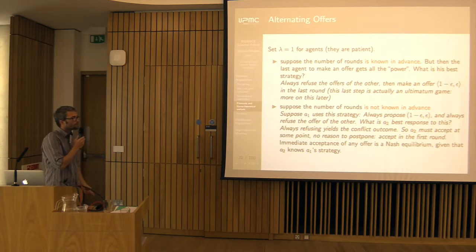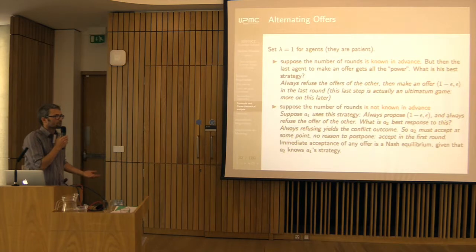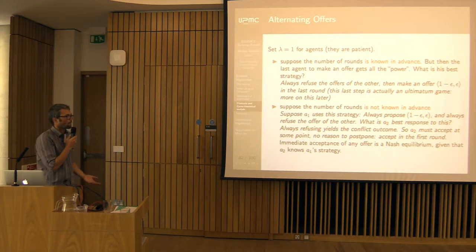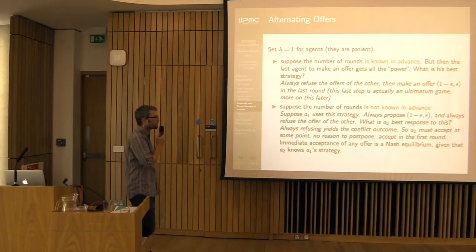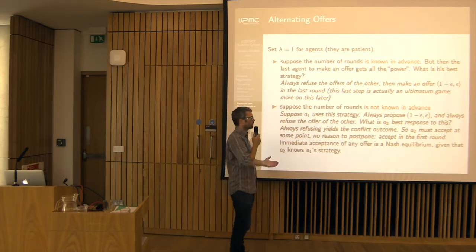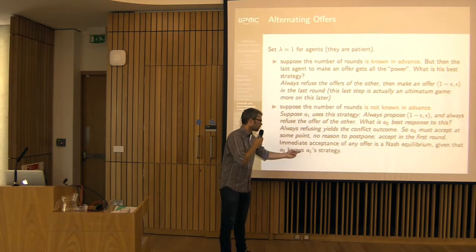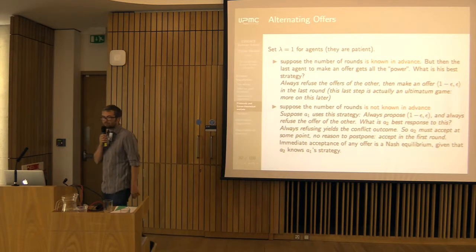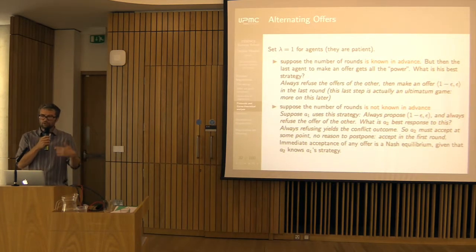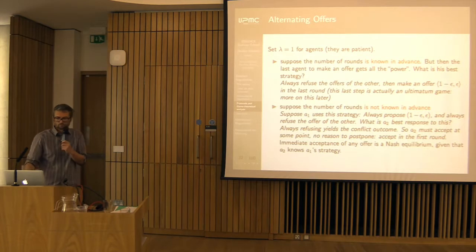So A2 will have to accept at some point. And there is no reason to accept later rather than earlier, so I will accept what you propose in the first round. So immediate acceptance of any offer is actually a Nash equilibrium if A2 knows that the other one has this strategy of always proposing the same thing.